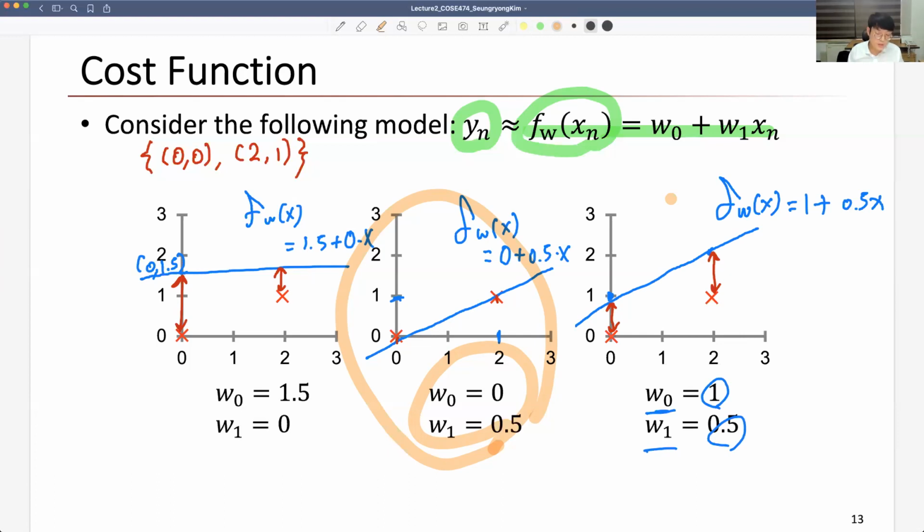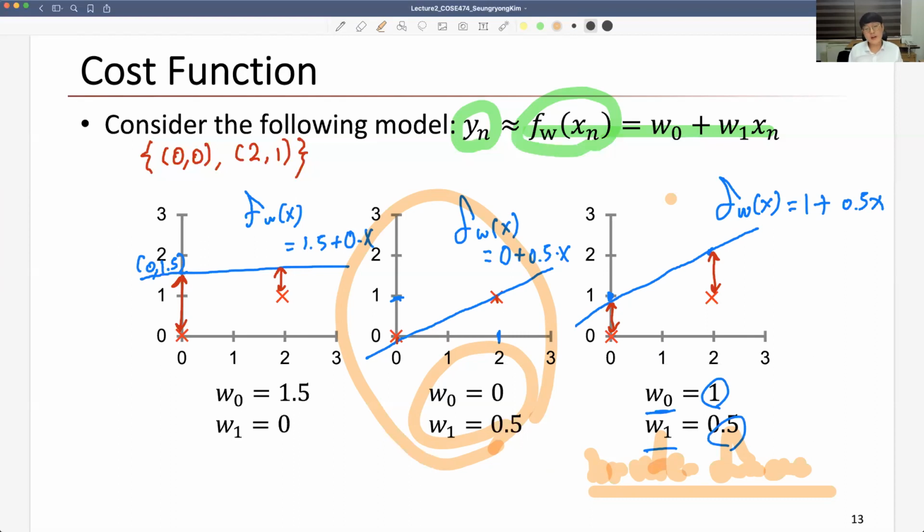But is this the optimal way? Actually not. Why? This is very brute force, because there are hundreds or thousands, or infinitely many possible combinations of W0 and W1.